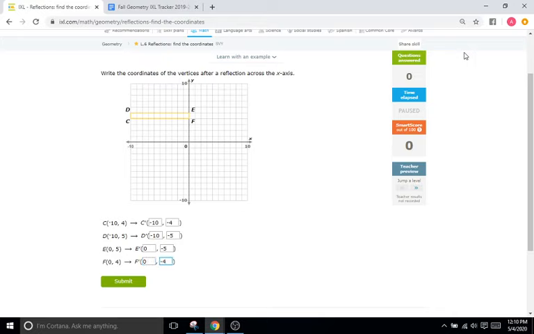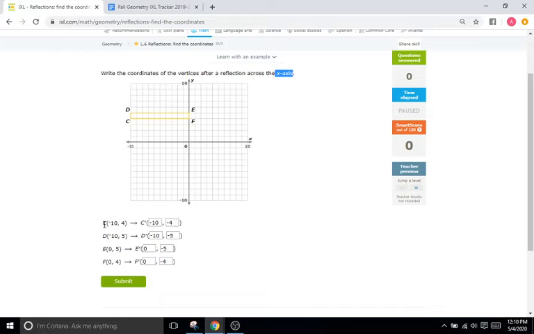Okay, something I want you to notice too is it's great if you want to count it out and do it that way. It's fantastic. There's also a couple of shortcuts you can use when it comes to reflections, and the shortcut you can do here is because the shape is being reflected across the x-axis specifically, all that means is we just can change the sign of the y and we've successfully reflected it.